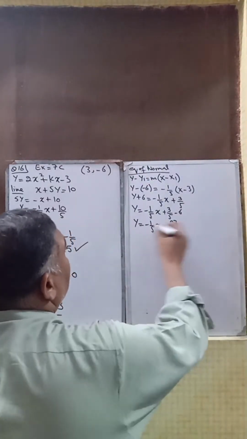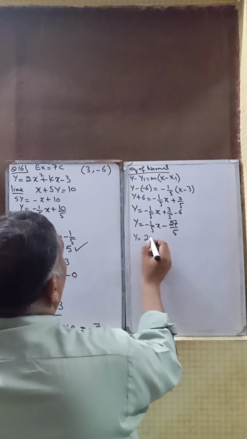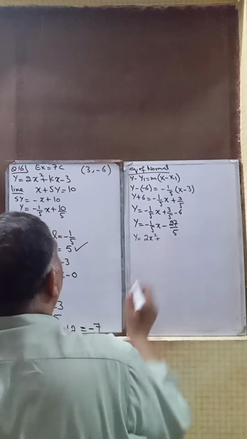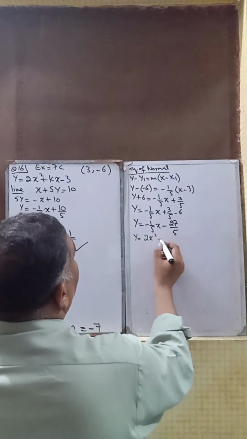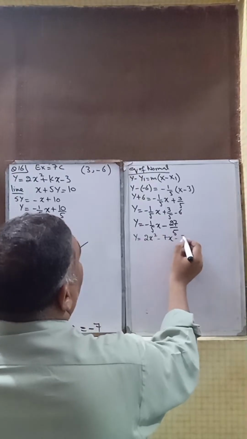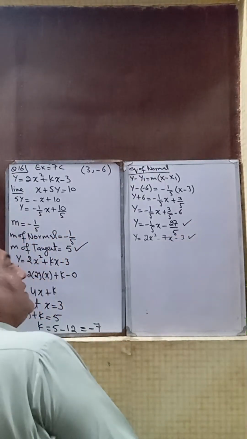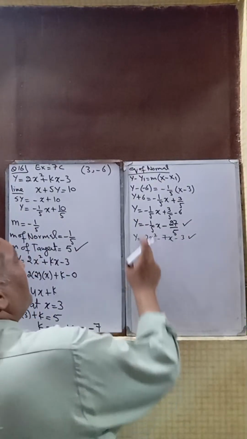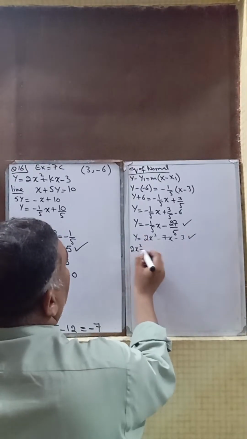This is the equation of the normal. The equation of the curve is y is equal to 2x squared plus, the value of k being minus 7, minus 7x minus 3. So this is the equation of the curve. We will solve them simultaneously. Both are equal to y, so I will make them equal to each other.